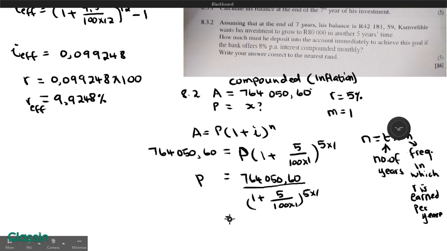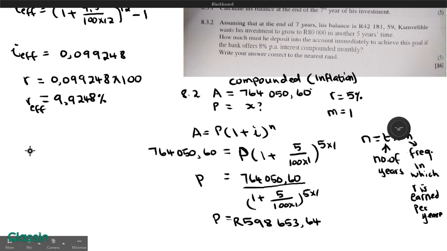So when you press this on a calculator, you will get 598,653.64, the value of money in rands. That is the value of P.